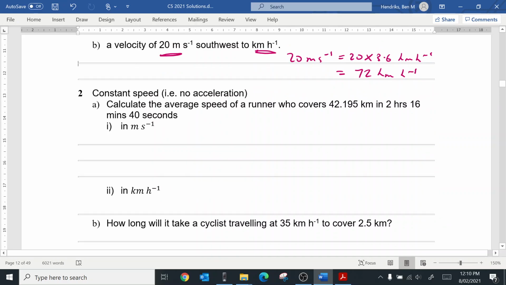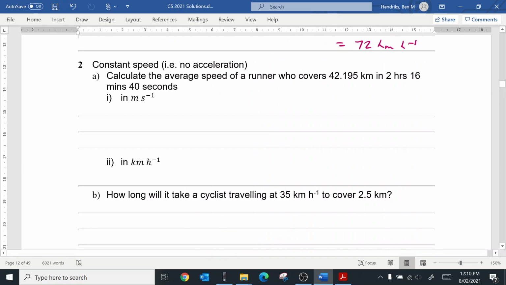Okay, so the constant speed, i.e. no acceleration. Calculate the average speed of a runner who covers 42.195 kilometers in 2 hours, 16 minutes and 40 seconds. Firstly, we want to have that in meters per second, and then in kilometers per hour.